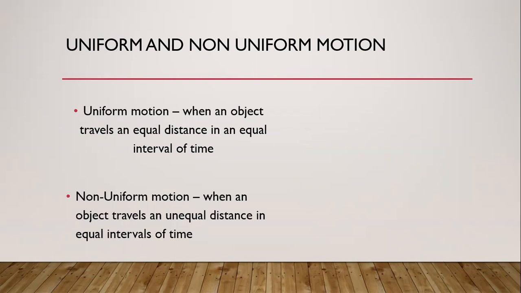Now let's study two types of motion. There are two types of motion, uniform and non-uniform motion. First, uniform motion. When an object travels an equal distance in an equal interval of time.